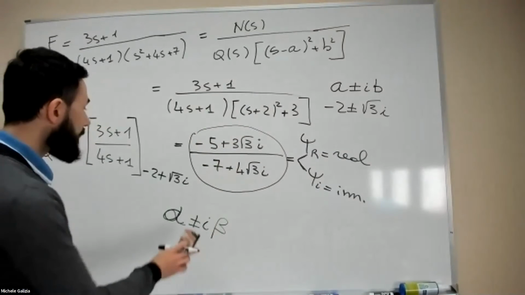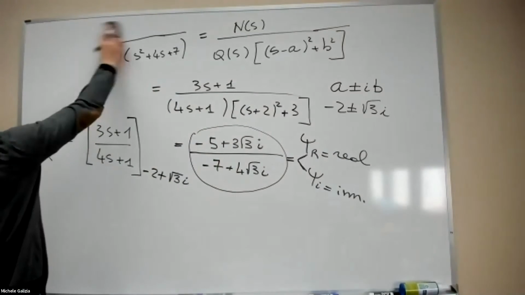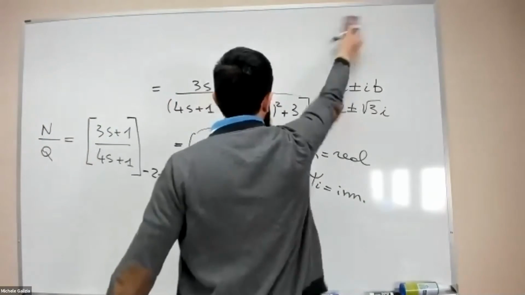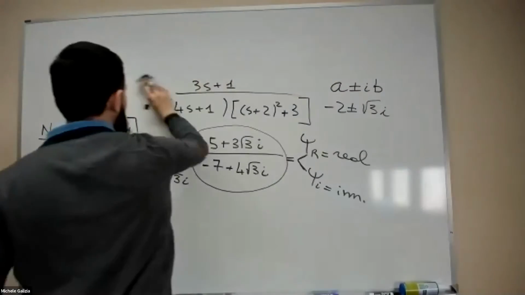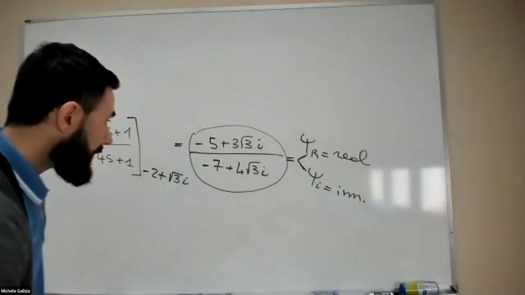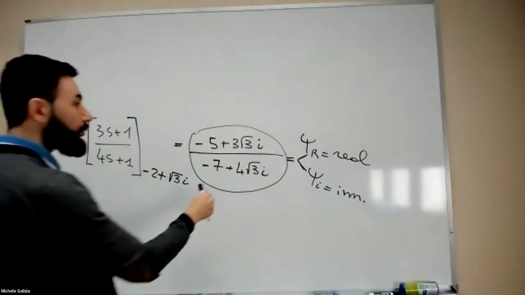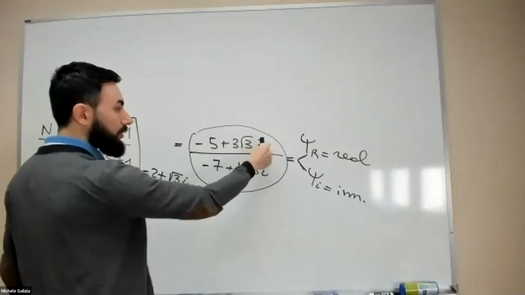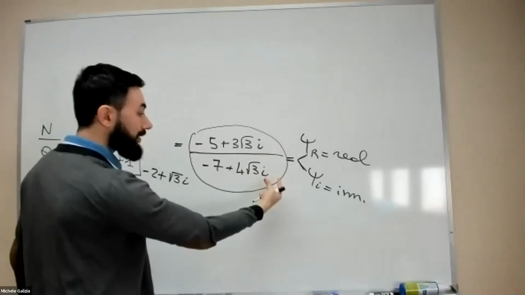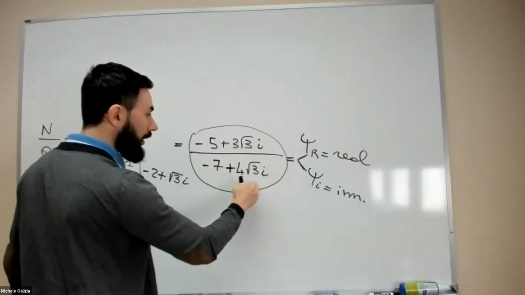To do so, if you remember what you did probably in the calculus class or probably even at the high school, you may just want to multiply numerator and denominator by the complex conjugate of the denominator.